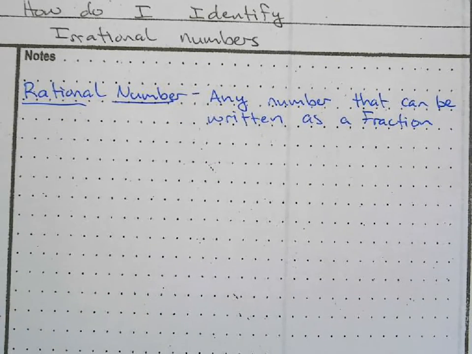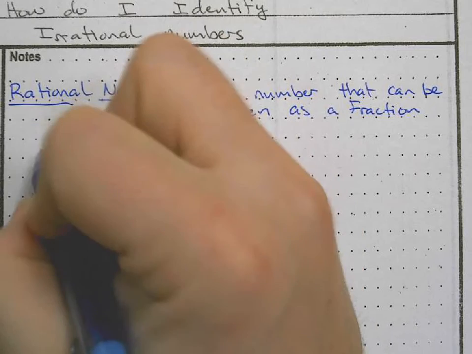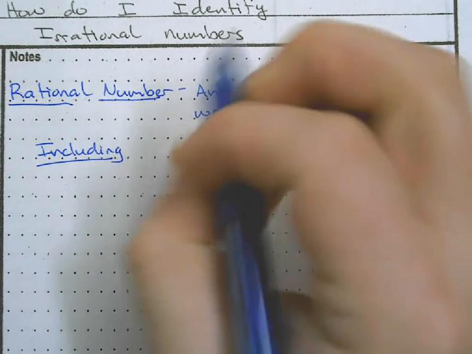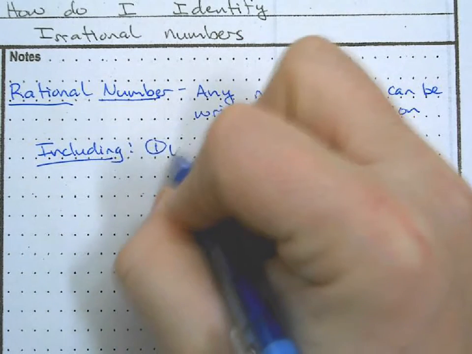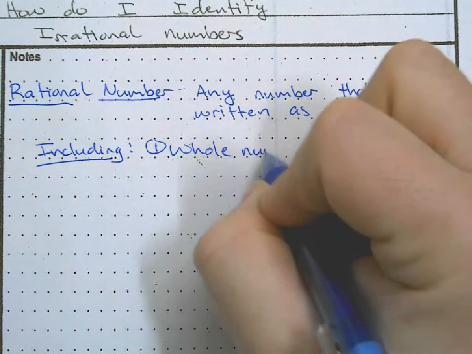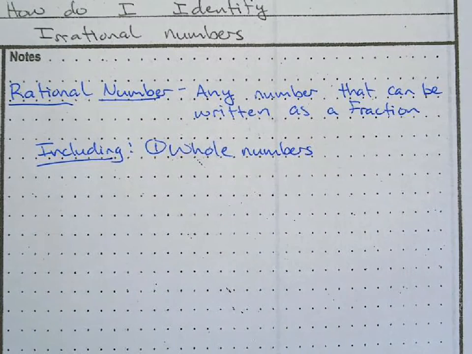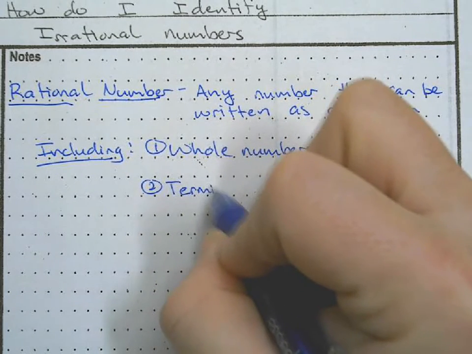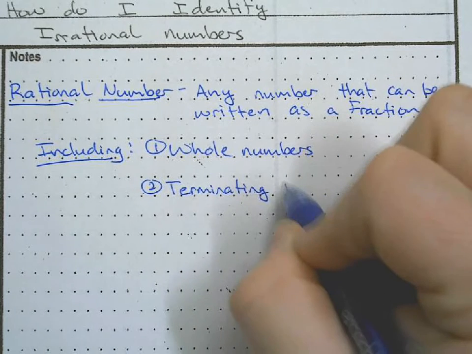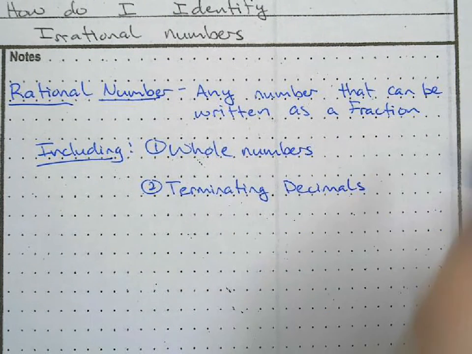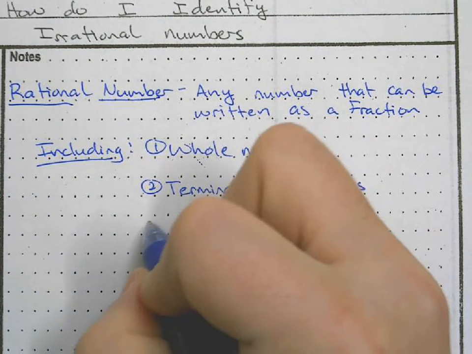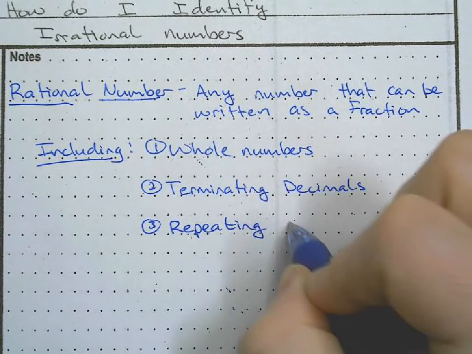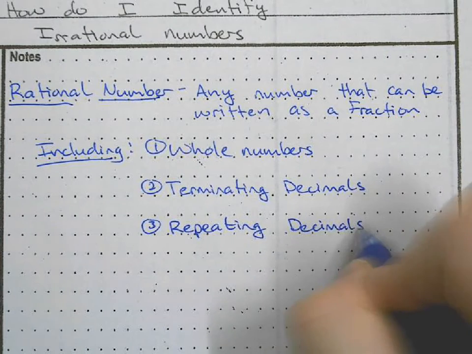So we have any number that can be written as a fraction, including whole numbers, any decimal that terminates, so terminating decimals, and repeating decimals.